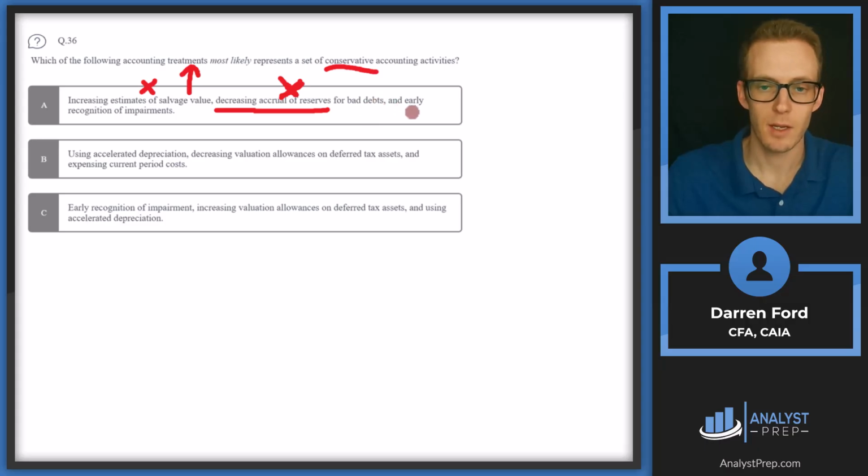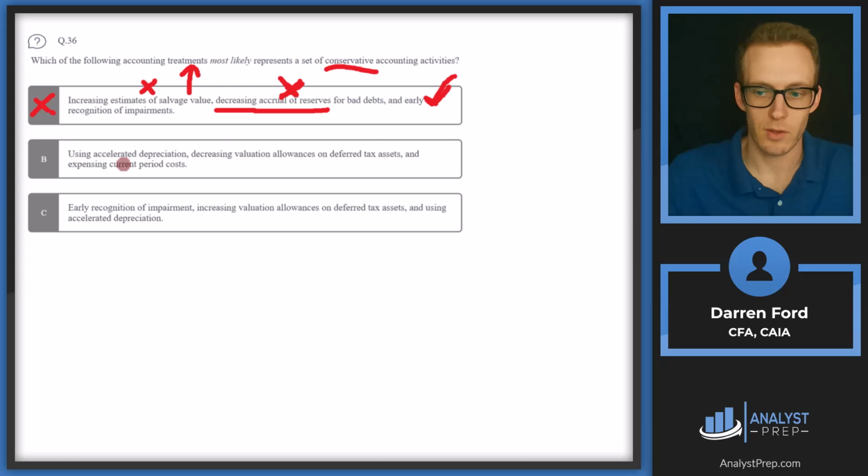And then lastly, early recognition of impairments, that is a conservative policy. If we're recognizing those impairments early and we end up getting some recoveries on those, that's going to be a positive for the financials. So we can cross off A since two of these policies are going to be aggressive.